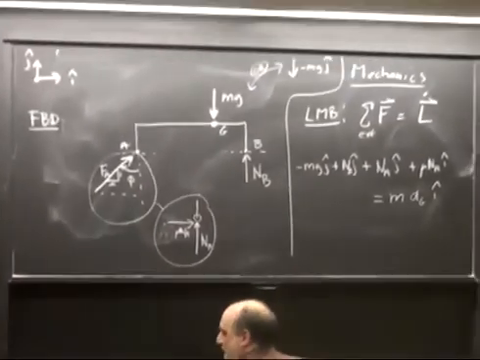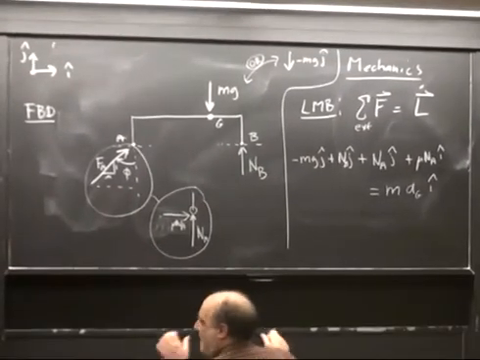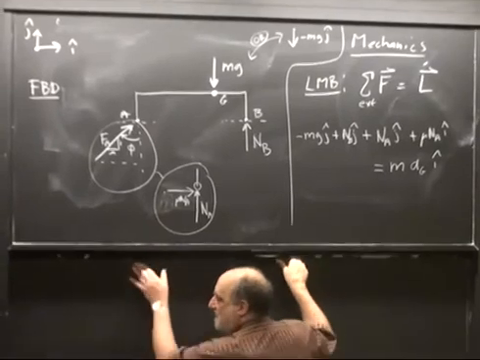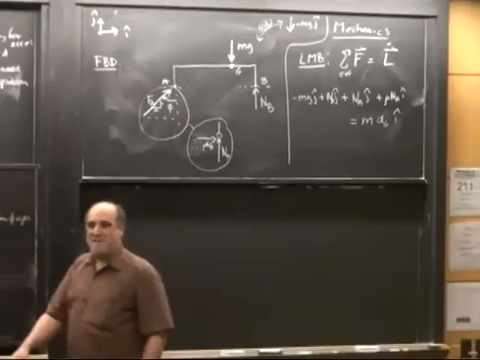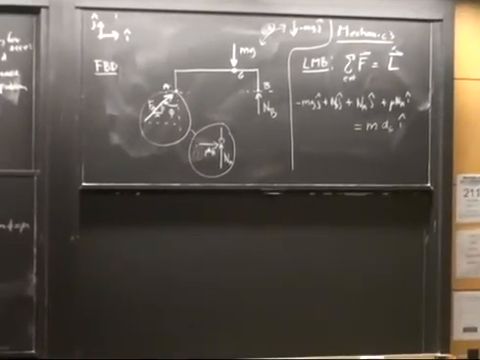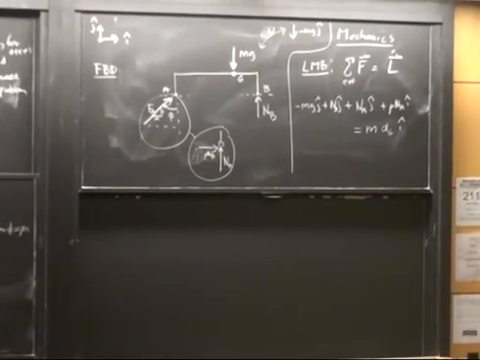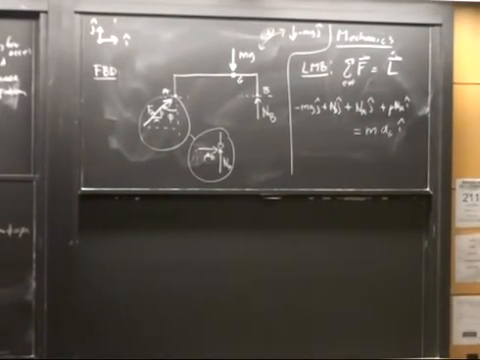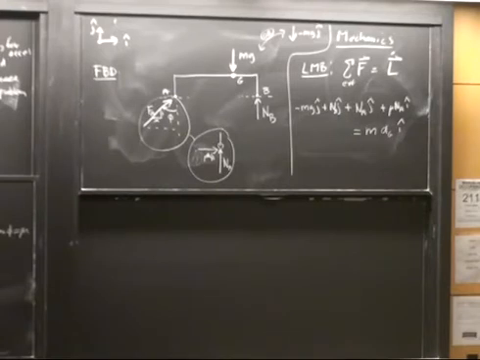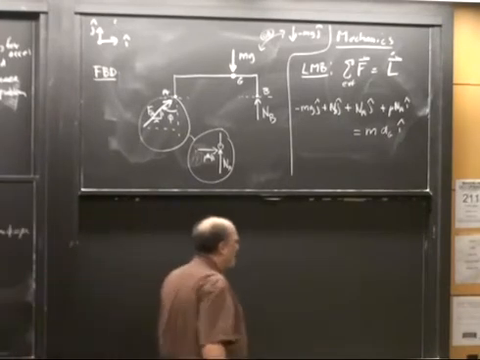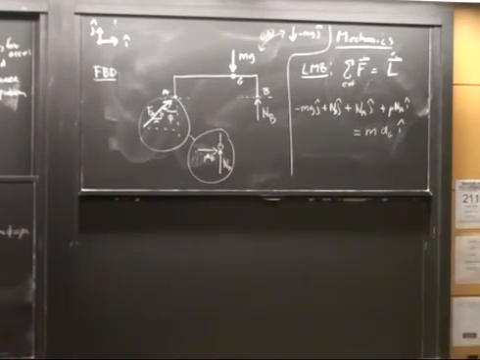Now, linear momentum balance in dynamics is like force balance was in statics. In statics, we also had moment balance. Moment balance, which we're going to use for the first time today in a non-trivial way, corresponds to angular momentum balance.